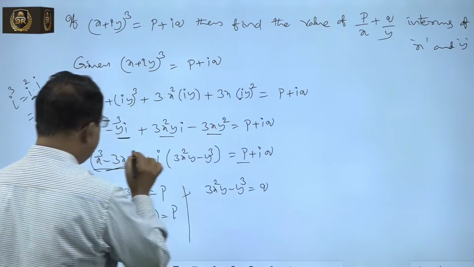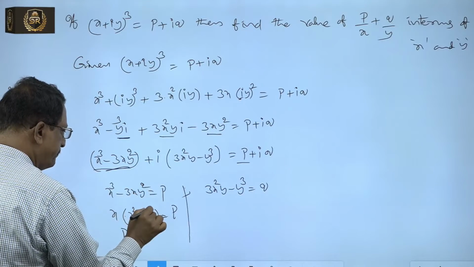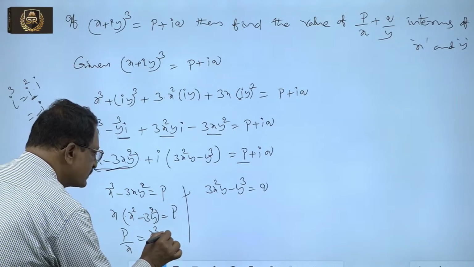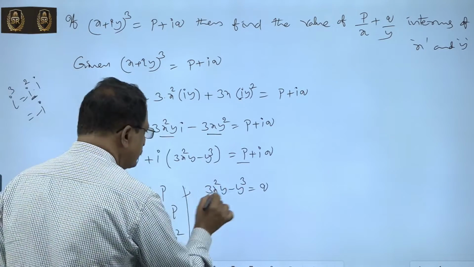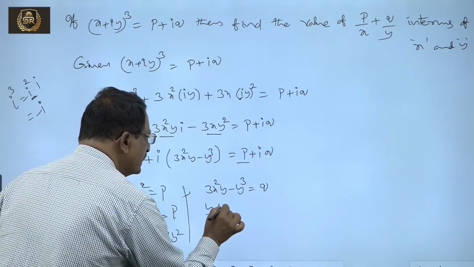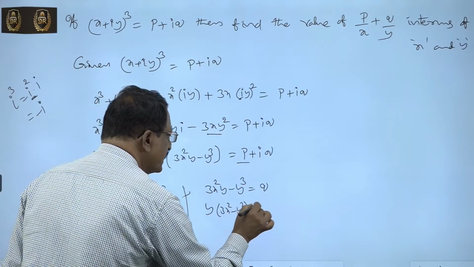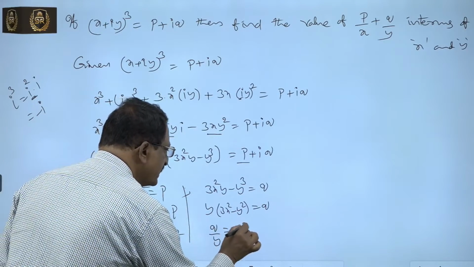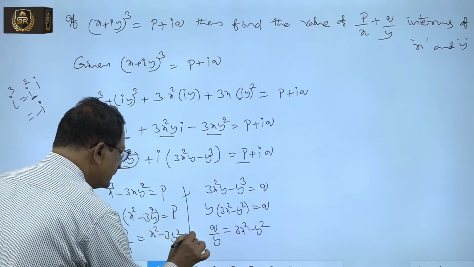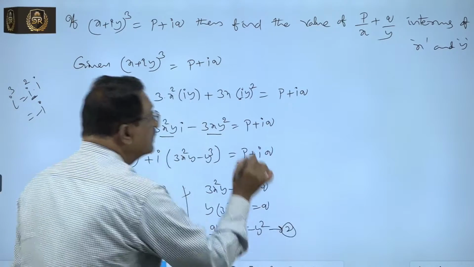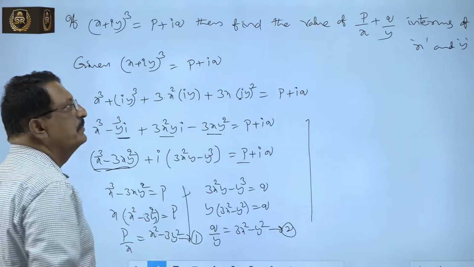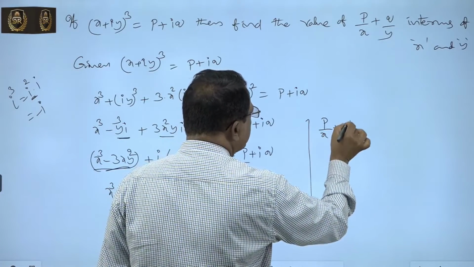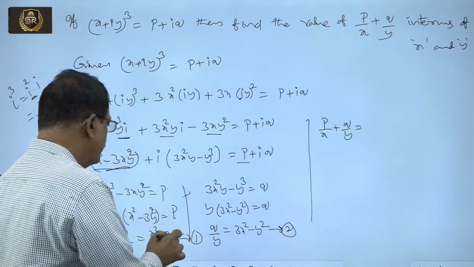Here y square. P by x equals x square minus 3y square. Next, on the left side take y common: y into (3x square minus y square) equals q. Now q by y equals 3x square minus y square. Here it is considered 1, 2. But we require the value of p by x plus q by y.